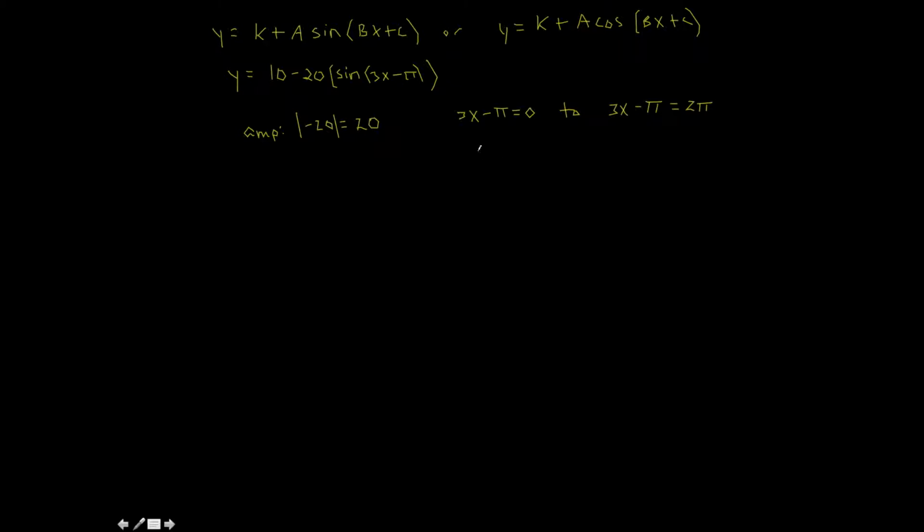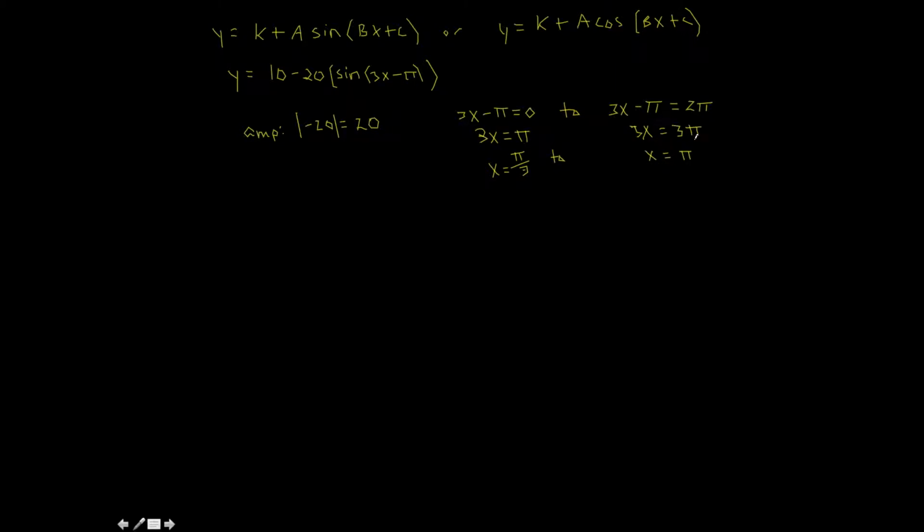Okay, so add pi to both sides, so we get 3x equals pi, or x equals pi over 3, and 2. Alright, so add pi to both sides again. That's going to be 3x equals 3 pi, or x equals pi.